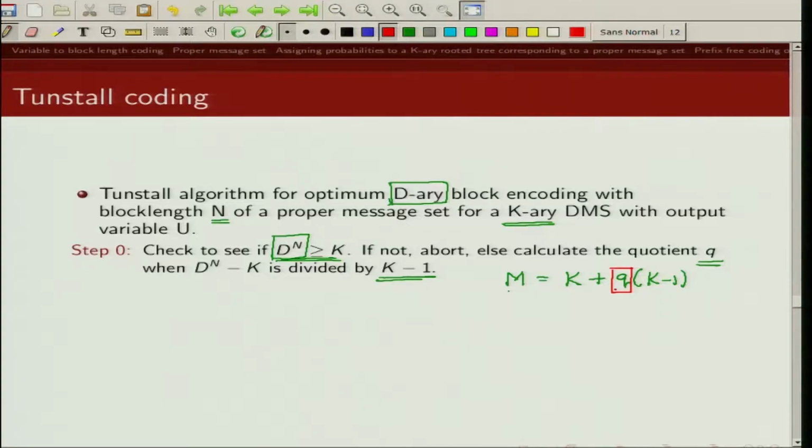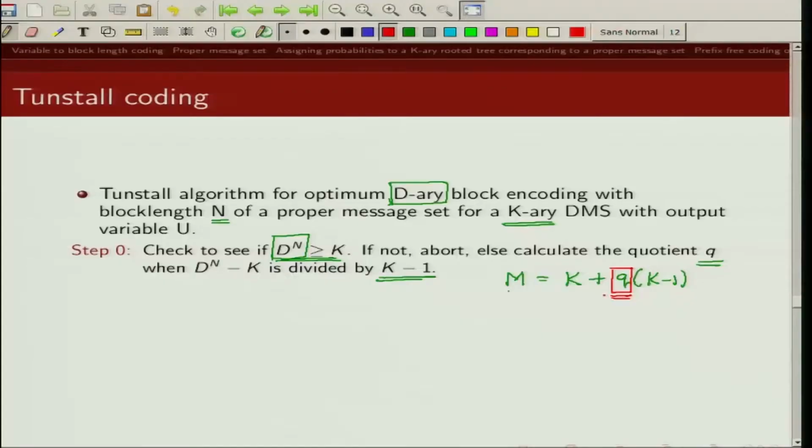Why do we need this q? Because we need to know the total number of messages that we need to create, so how many extensions of this proper message set we have to do. We find this out by dividing D raised to power n minus K by K minus 1 and finding the quotient. That would give us this q.